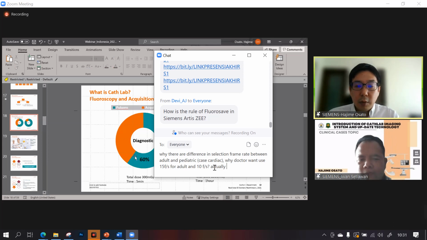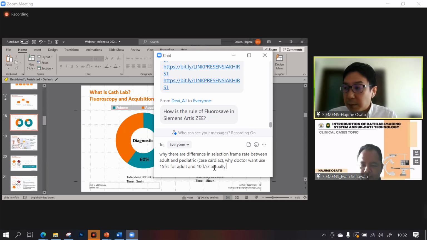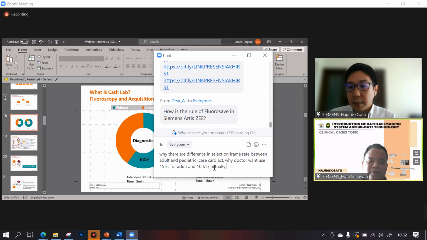So in terms of diagnostic case, the fluoro time is also reduced. Acquisition time is also reduced. But in terms of the treatment case, the doctor uses the fluoro all the time, around 50 minutes and something. So that's why the percentage of the fluoro also increases in this situation. Yeah, okay, Hazime-san, got the point. Thank you.